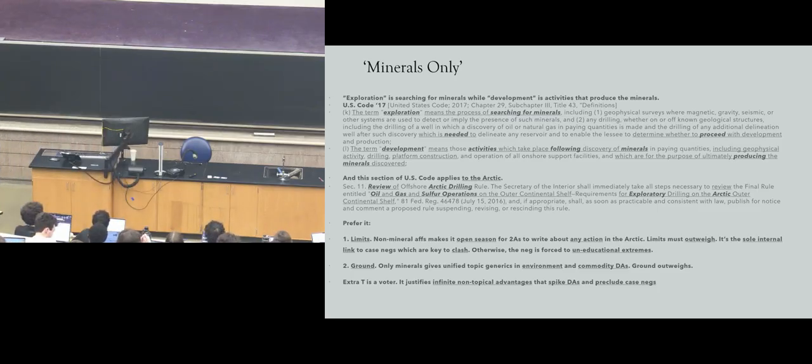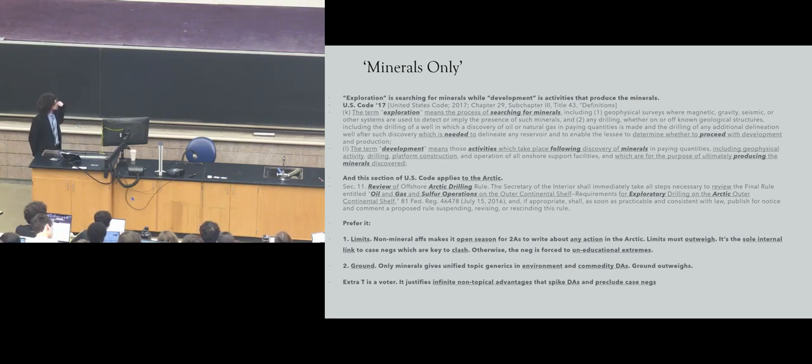The basic idea here is that a topical AF has to do mineral development. That includes all of the oil and natural gas stuff, but also rare earth minerals, gold, and so on. You have to search for it, which is exploration, and development just means the activities that produce the minerals: specifically, geophysical activity, drilling, platform construction, and the operation of onshore support facilities.